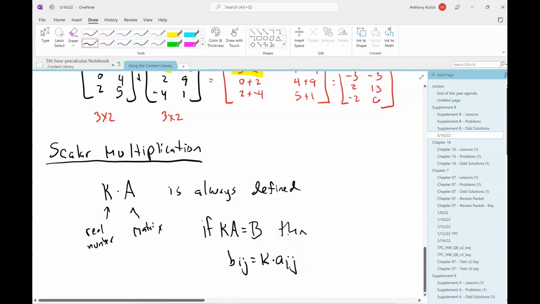So all we're doing is multiplying each entry in our matrix by that scalar K, and that'll be my new matrix. So it's kind of like a big distributive property.